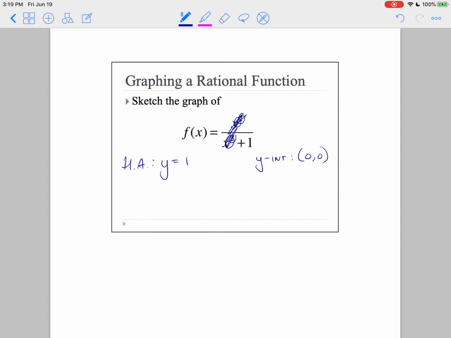So if I plug zeros in here, I get 0 divided by 1. 0 divided by 1 is 0. So this is a y-intercept. It's also going to be one of my x-intercepts. And I think it's going to be the only x-intercept. But what do you notice about this x-intercept? The x-intercept is (0, 0), but it has a multiplicity of 2.